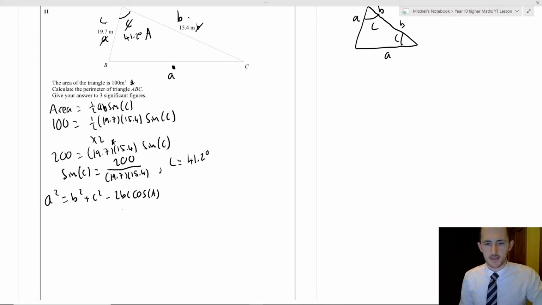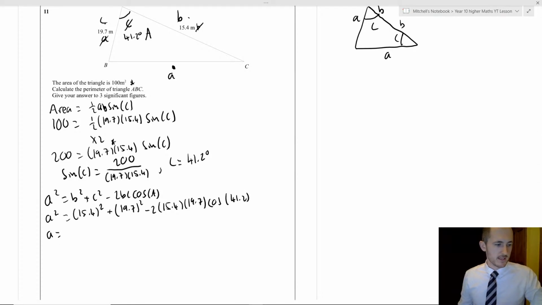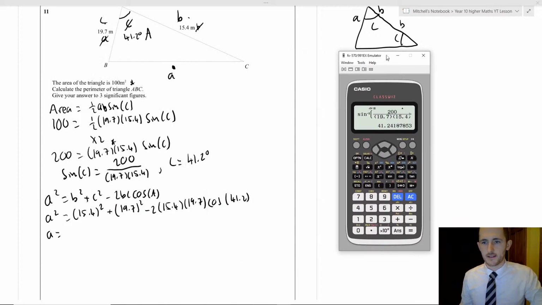So now if I sub the values in, 15.4 squared plus 19.7 squared, and it doesn't really matter which way around we do this, minus 2 times 15.4 times 19.7 times cos 41.2. So now what we'll do is we'll square root it as well. This is a long question, but we're right at the end, okay?